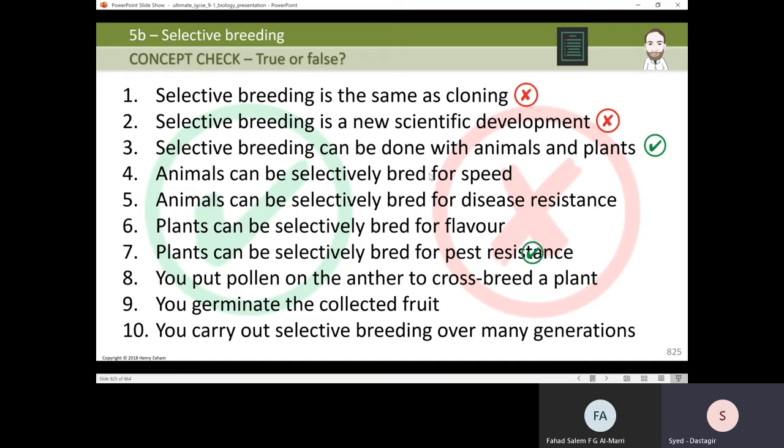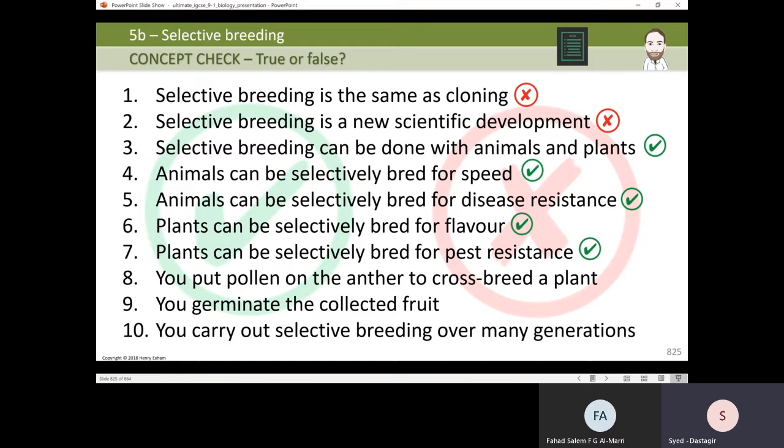Animals can be selectively bred for disease resistance. Yes. Good. Plants can be selectively bred for flavor. Yes. Good. The way it tastes. Imagine a vegetable that doesn't taste very nice. You're not going to selectively breed that one. So plants can be selectively bred for pest resistance. Yes.